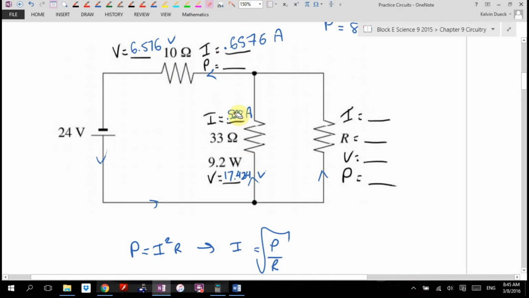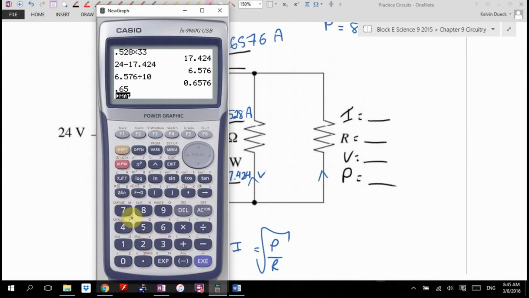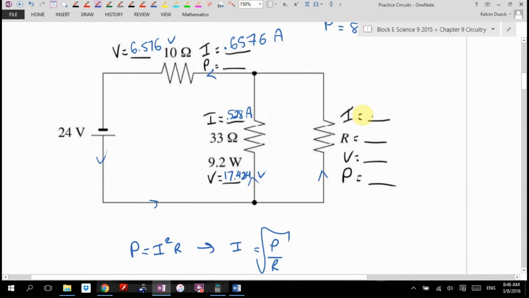How many amps went this way? 0.528. How many amps must have gone this way? 0.6576 minus 0.528. 0.1296 amps must have gone that way.